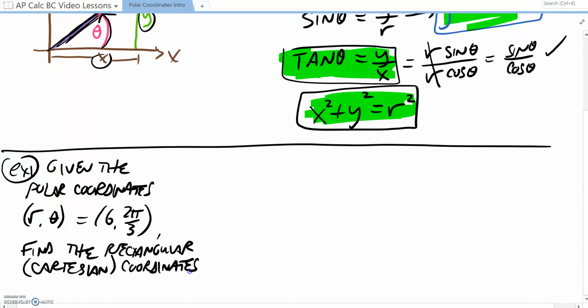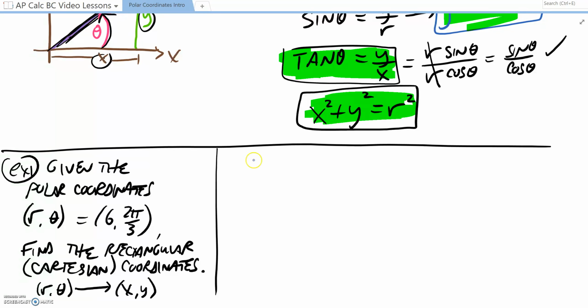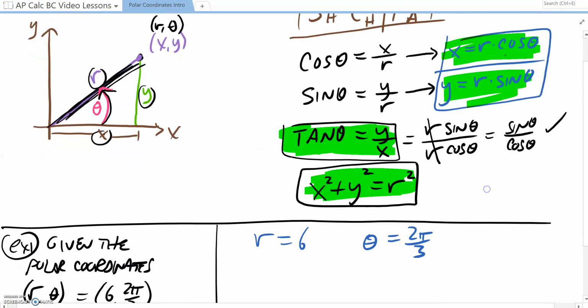So they gave us an r and a theta. We need to go find an x and a y. So if you'd like, you can go like this: r, theta needs to become x, y. All right. Well, let's start with what we know. r is equal to 6. Theta is equal to 2 pi over 3. And we have a relationship between x and r and theta. It's up here.